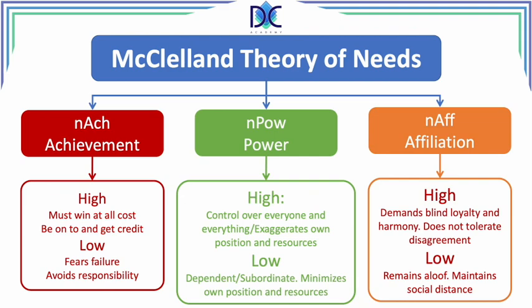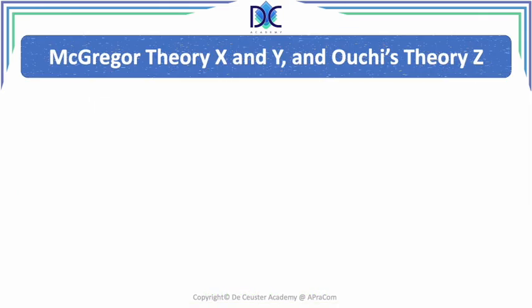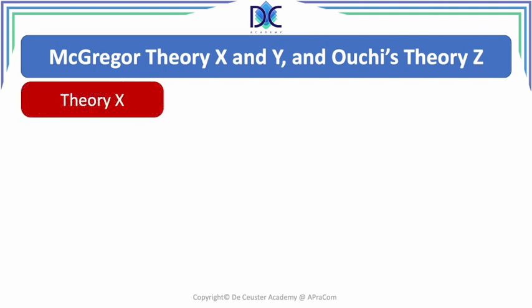Let's have a look now at the McGregor theory X and Y and Ouchi's theory Z. We already spoke about the theory X and Y, but there is also Ouchi's theory Z. Ouchi is a Japanese American, and he found some other elements about people. Now, when we look at theory X, typically the people in theory X, they dislike work and they want to avoid it.